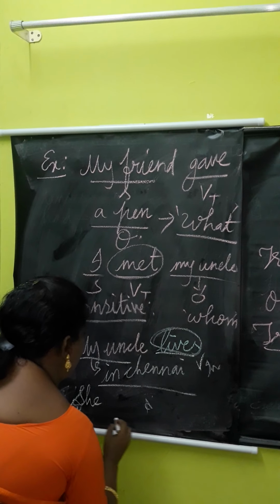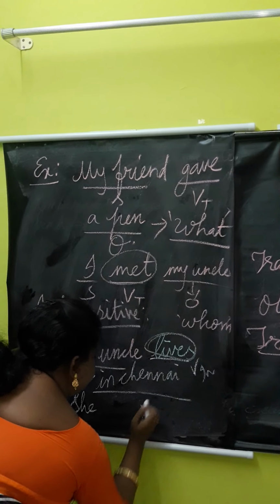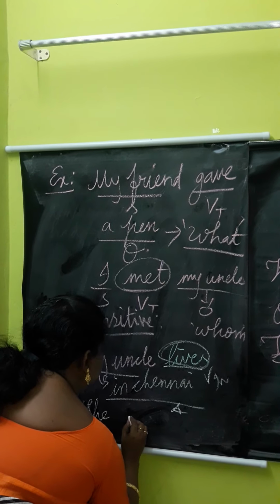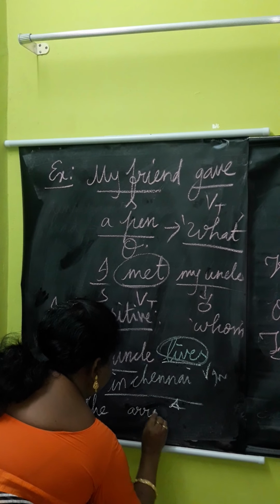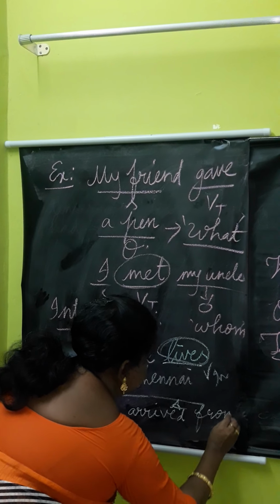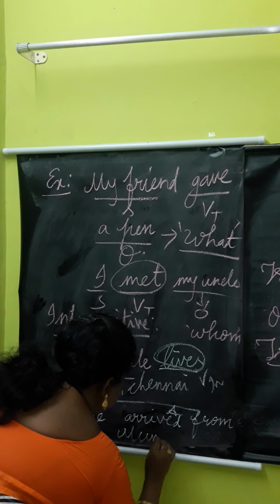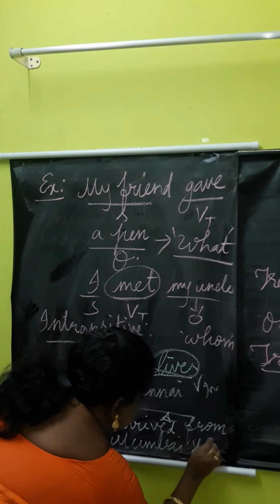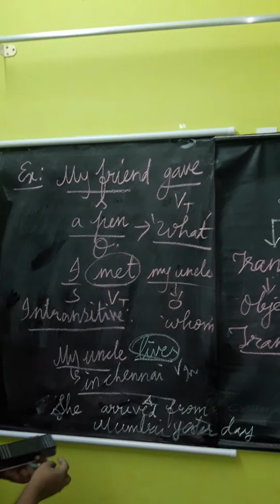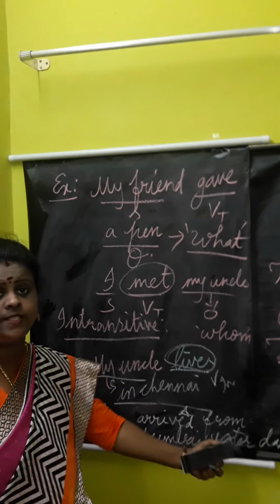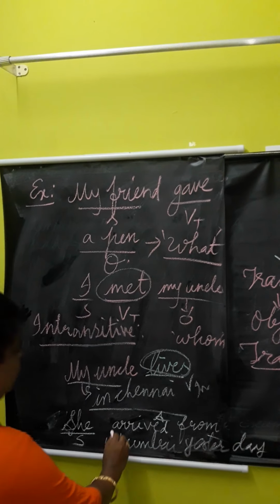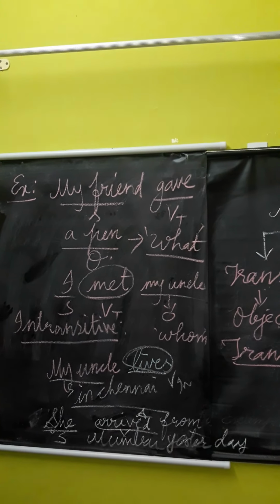She arrived from Mumbai yesterday. She, as we know, is the subject. Arrived, as we know, is the verb.